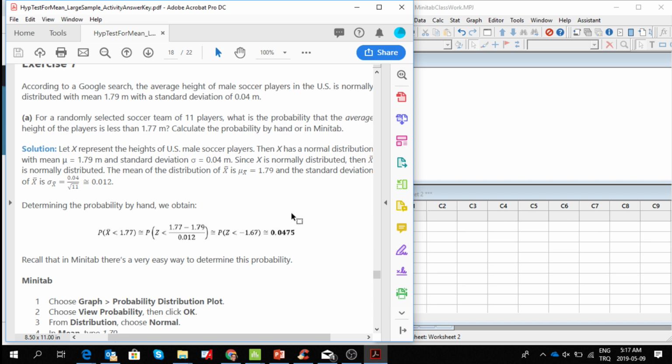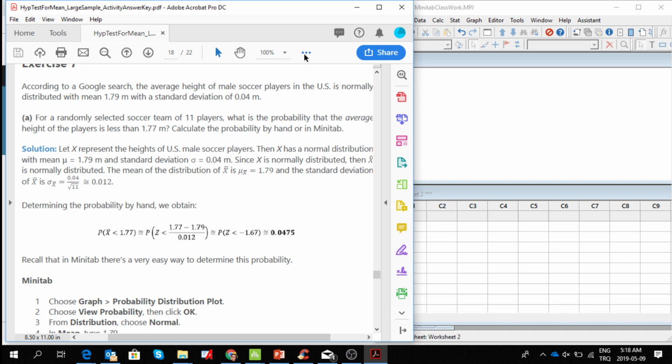So we are going to do this first by hand, and then I'm going to show you also how to do this in Minitab. So here we are going to represent X as the heights of US male soccer players, and it is given in the question that X is normally distributed. So X is normal distribution with mean mu equal to 1.79 meters, and standard deviation is given as 0.04 here.